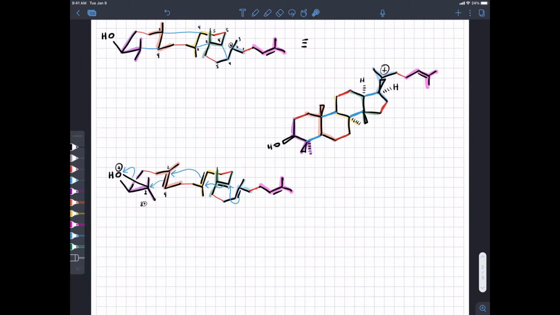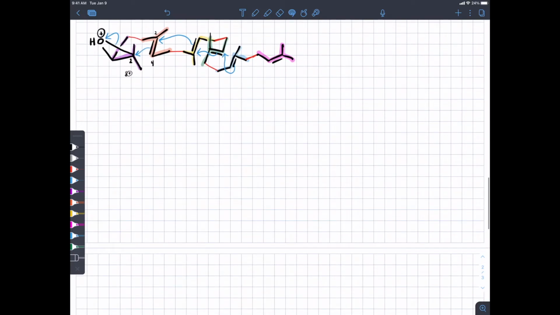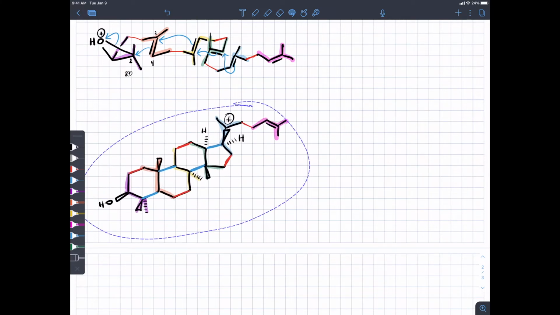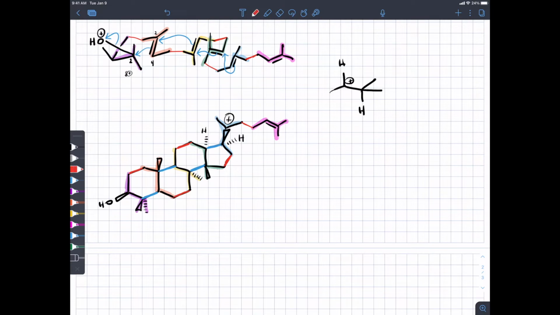Now, in 351, you were taught that you can have a carbocation rearrangement whenever you have, say, a secondary carbocation adjacent to a tertiary carbon, because then, via what you learned was a 1,2 hydride shift, you can convert a less stable secondary carbocation into a more stable tertiary carbocation. That look familiar?